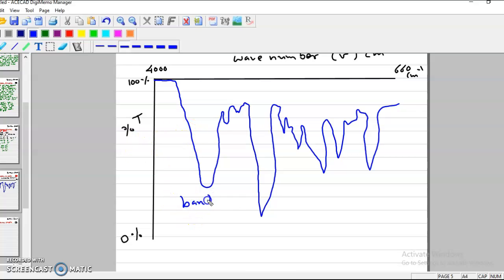These are called bands or dips and sometimes referred to as peaks also. The nature of the peaks, dips or bands is different. Here we will try to split this graph into two different categories.